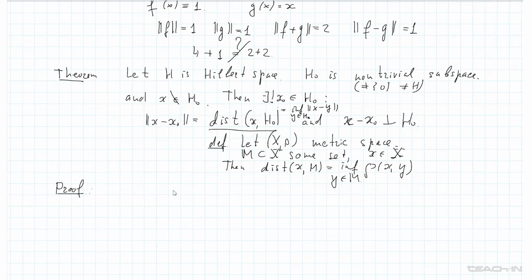But I forgot one important property: H0 is closed. If it is not closed, we take the closure. So H0 is a non-trivial and closed subspace.